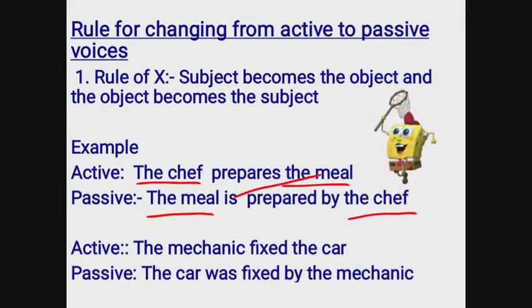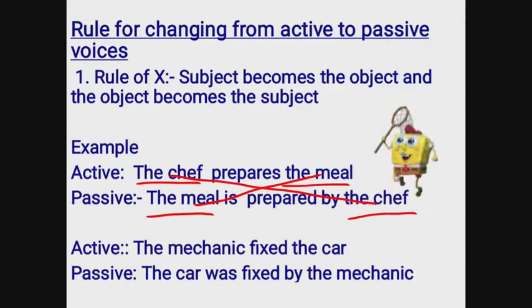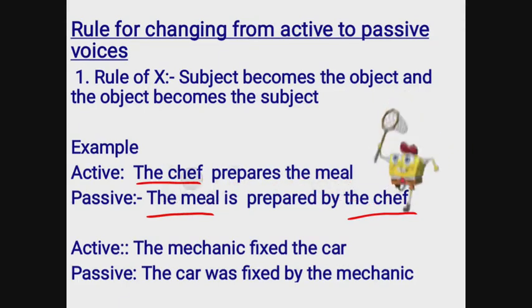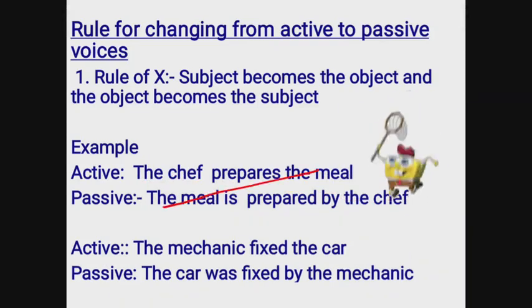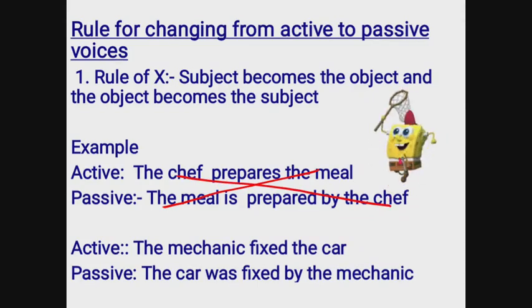If you cross this, the meal has become the subject, and if you cross this that way, the chef has become the object. So we call that the X rule.